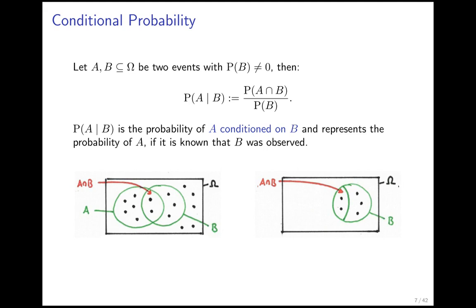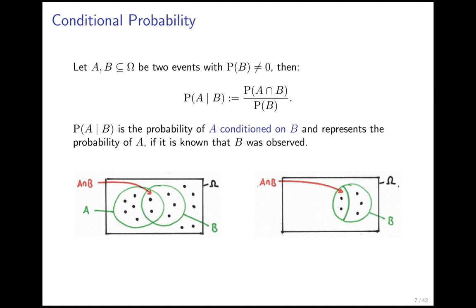We have these two events A and B in the left picture, and we can see that A is actually quite likely. It's about half of the points of the outcomes that we can see in omega. But now someone tells us that B has happened. And if we want to know whether A has happened as well, we have to look at the intersection between A and B, and that's the 2 points we can see on the right-hand side.